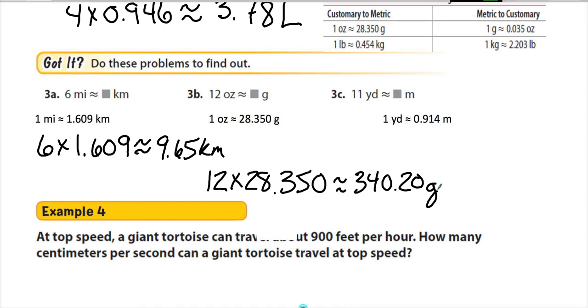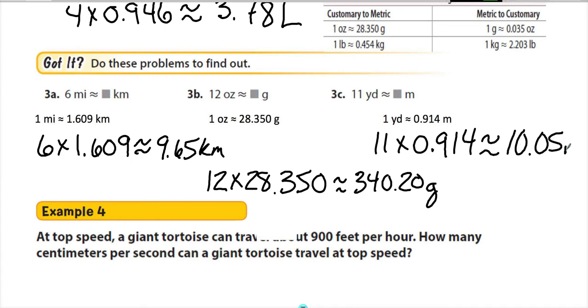And then C. We have 11 yards is approximately how many meters? Well, 1 yard is approximately 0.914 meters, so we're going to multiply that by 11, so that's 11 times 0.914. Again, it's always approximate. And that one came out to 10.05.